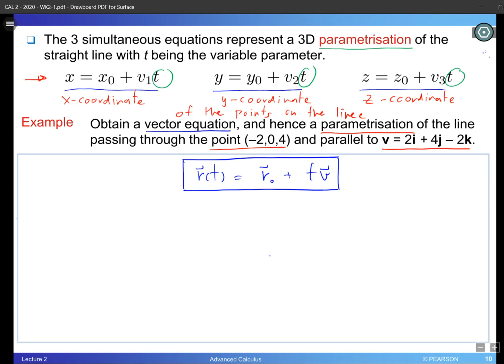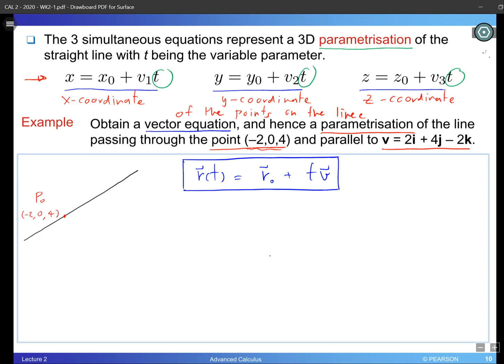So let's imagine that we have this straight line. Okay, this straight line. Okay, and then we know that on this line there is a point and it's located at (-2, 0, 4). Okay, maybe right here. Let's assume this to be the first point on the line, (-2, 0, 4). Now that this is one point on the line, why don't we assign this point to be P0?